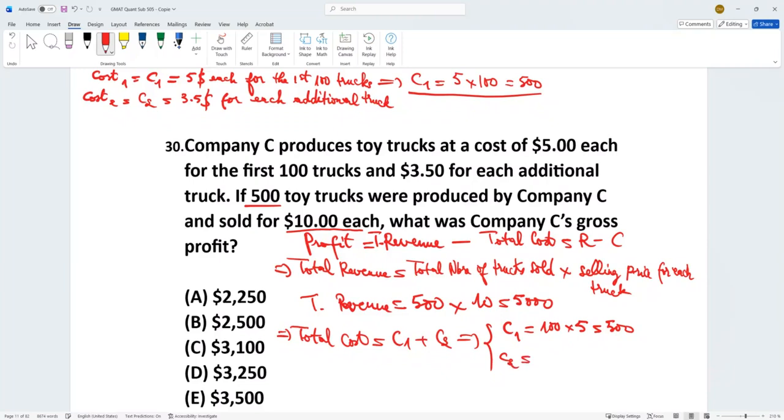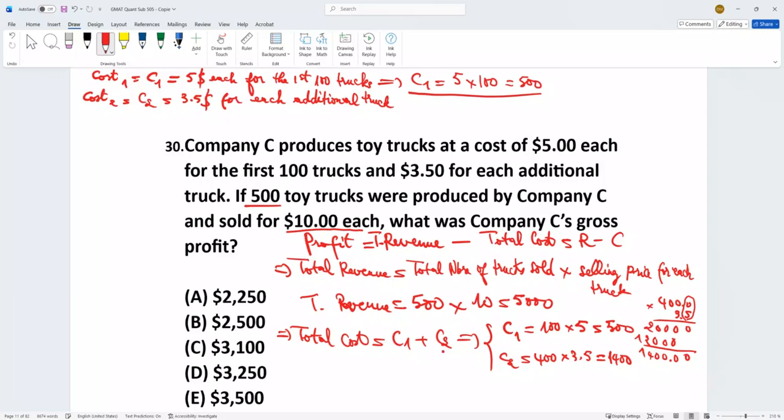And then the remaining 400 will cost $3.5 each, so 3.5 times 400, which is 1,400.